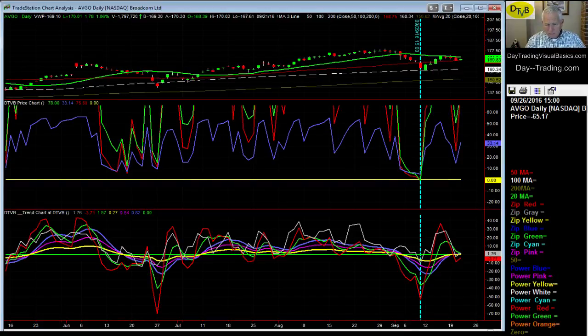And in the trend chart, we have the trend up touched the green line yesterday, went down significantly today, and that is a TOC lower pattern.